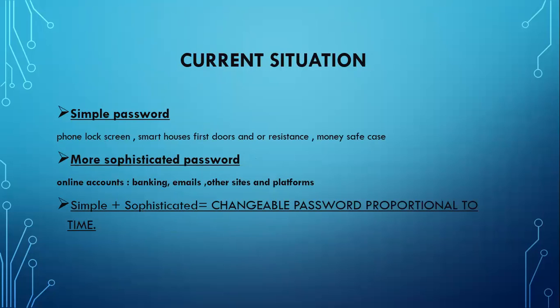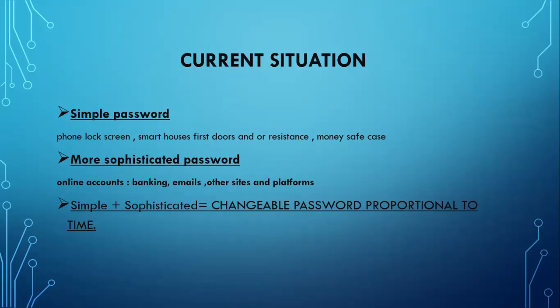Now, the current situation is that we have a simple password system, for example a four-digit password. It's really simple, such as the phone lock screen, smart houses, and money safes in hotel rooms.